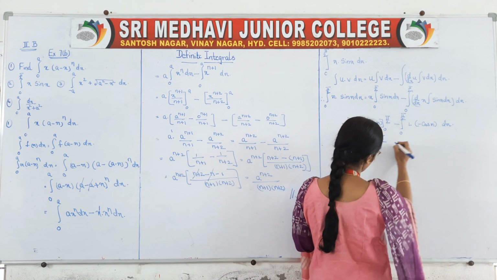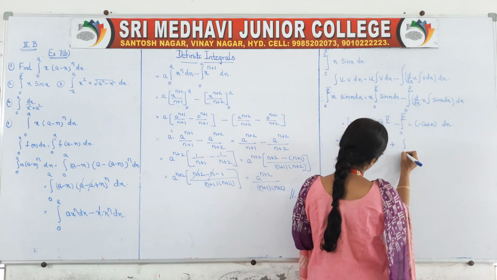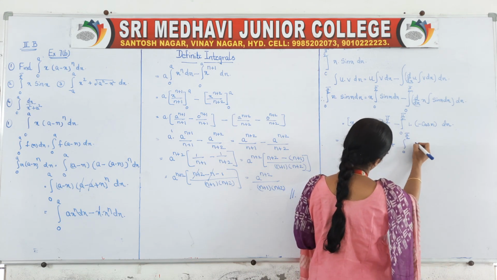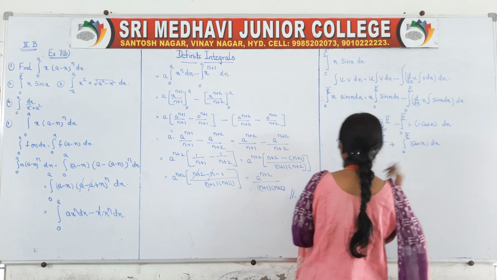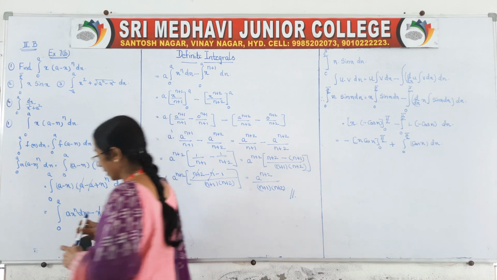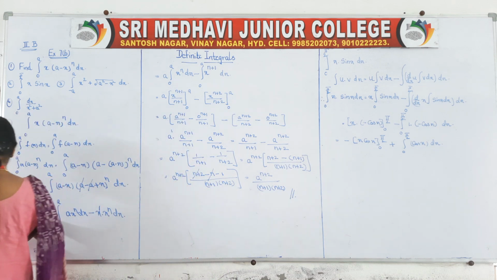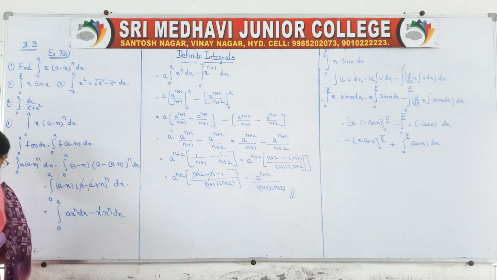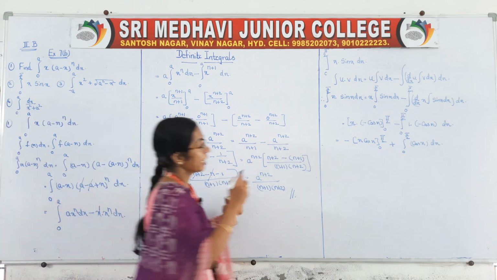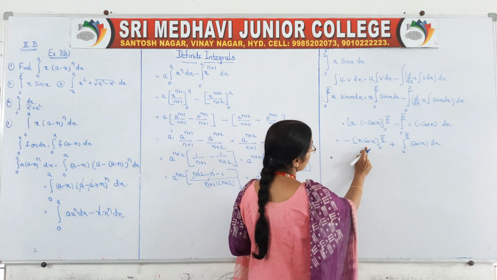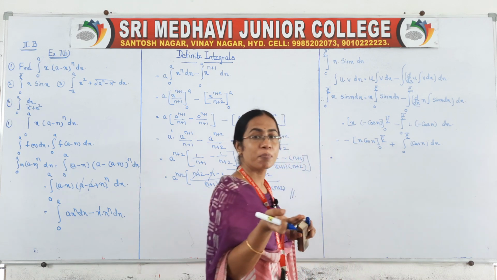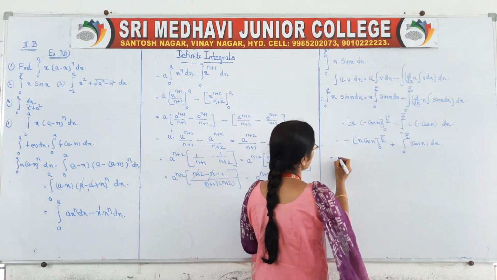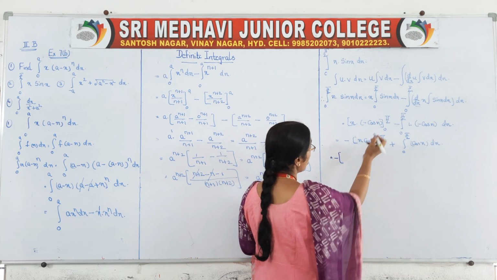Here also, minus of minus gives plus the integral from 0 to pi by 2 of cos x dx. The integral of cos x is sin x, isn't it? Here you apply the upper limit in place of x, then minus the lower limit.